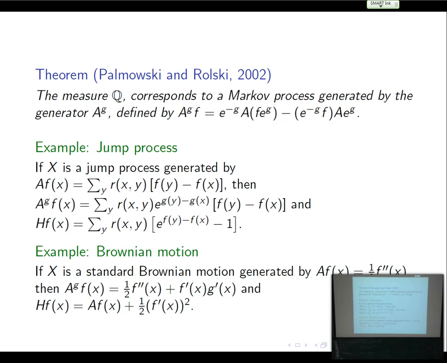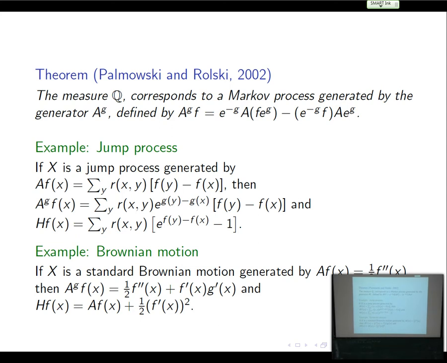And the nonlinear generator H is the original generator plus this quadratic form. So you really see that the structure of these generators is much different in the case where you work with a diffusion process, where you get this bilinear form, which very much aids the approach via Hilbert spaces. And this different situation where you get an exponential tilting, which of course is nonlinear, cannot be treated in that way.